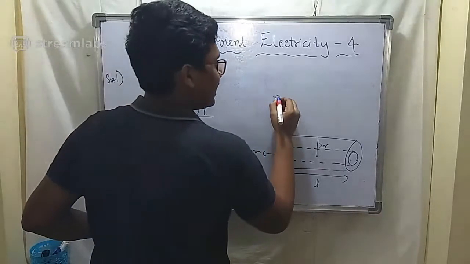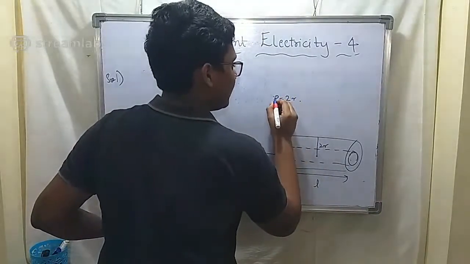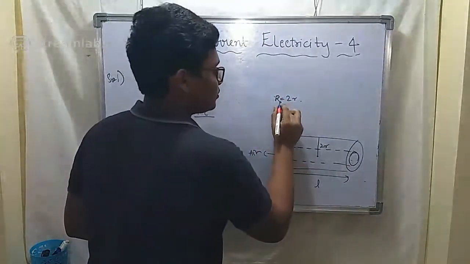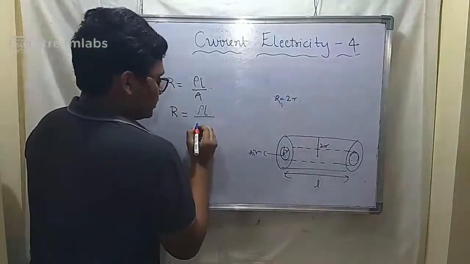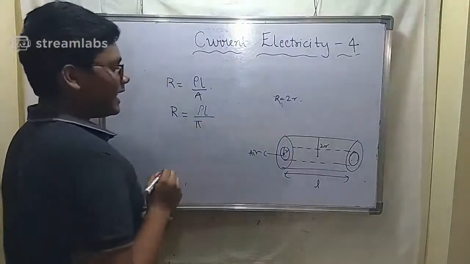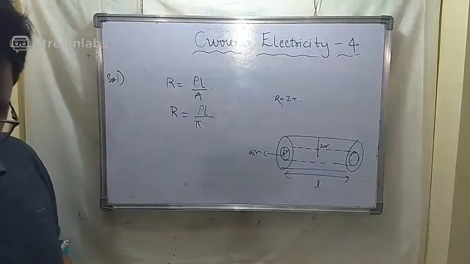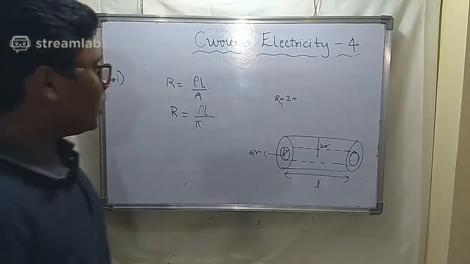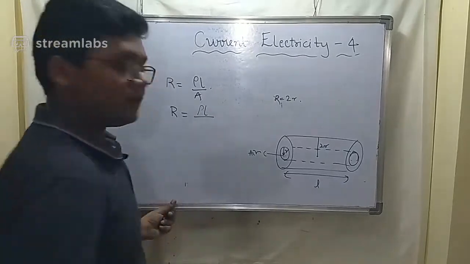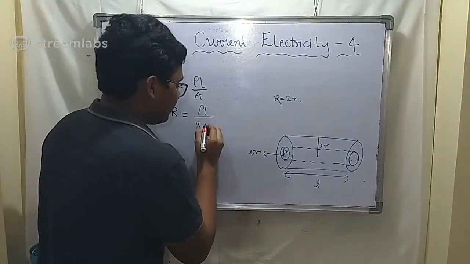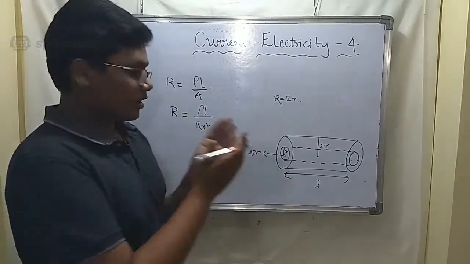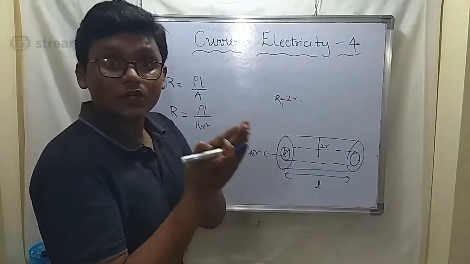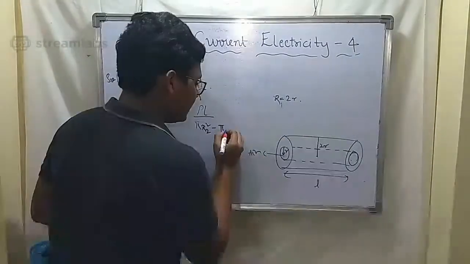The outer radius is 2R and the inner radius is R. The cross-sectional area is pi r square.